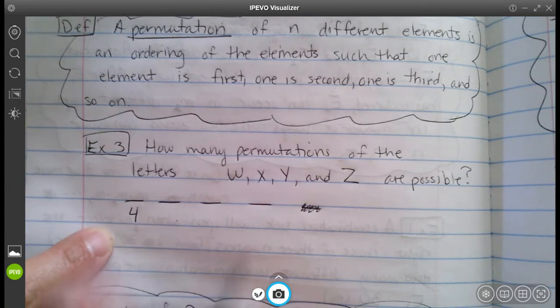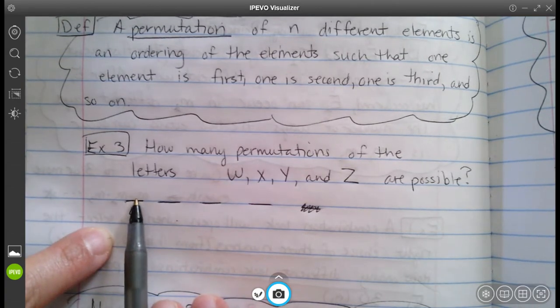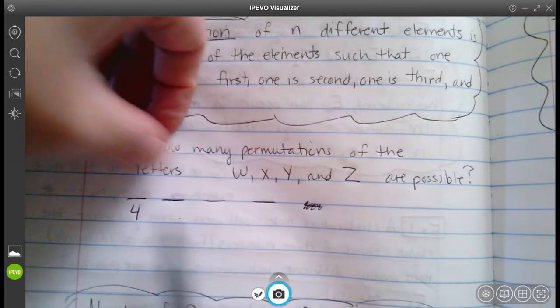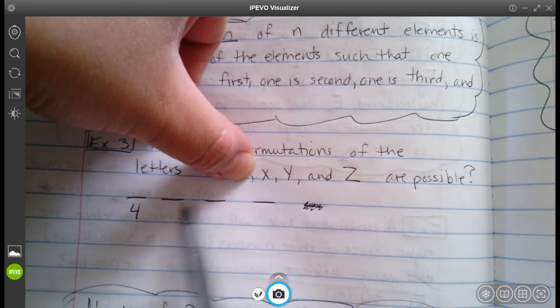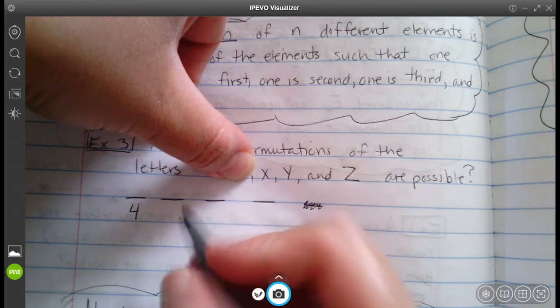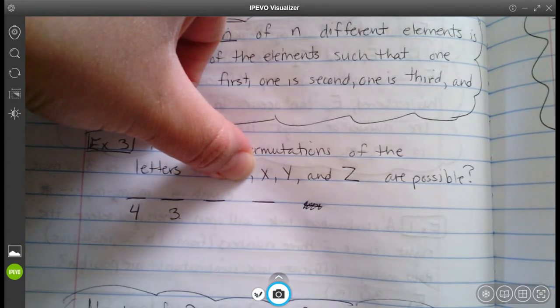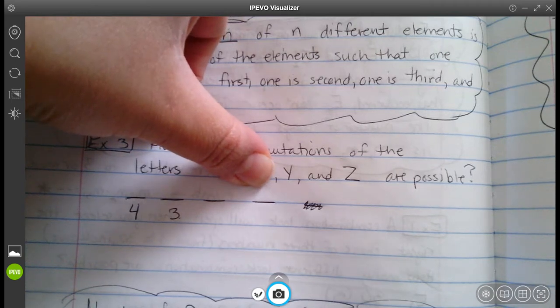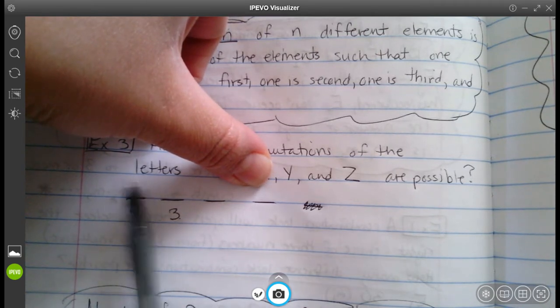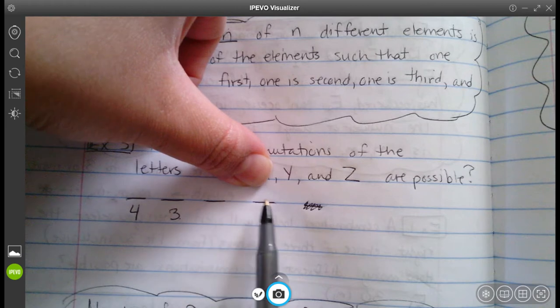Okay. Now, whatever this letter comes out to, it's taken out of the mix. So let's say it was a W. Now that we have W in the first spot, what we're left with for the second spot is 1, 2, 3, 3 possibilities. And now that one's gone. So this would be an example of without replacement. In other words, once you use up one of the elements, you can't use it anymore.